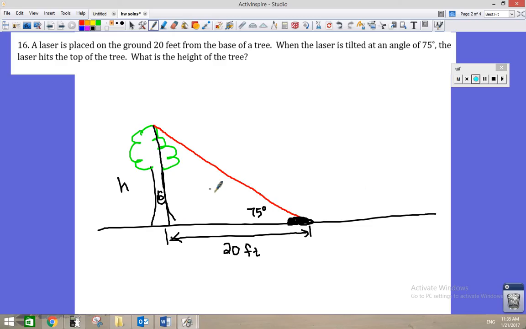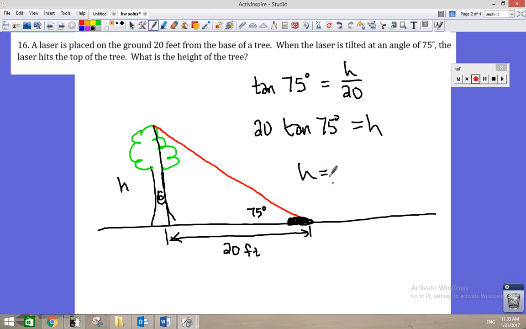So the information here, the h and the 20, are the opposite leg and the adjacent. So we'll use the tangent and set it up so that the tangent of 75 is equal to h divided by 20. If we multiply both sides of the equation by 20, then we'll have the height.